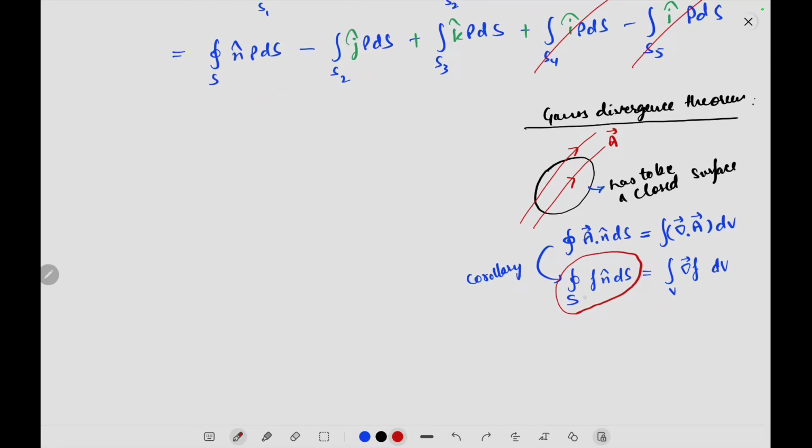Then we can use this corollary to write this term in terms of the volume integral of the gradient of this pressure. Let's just write it.